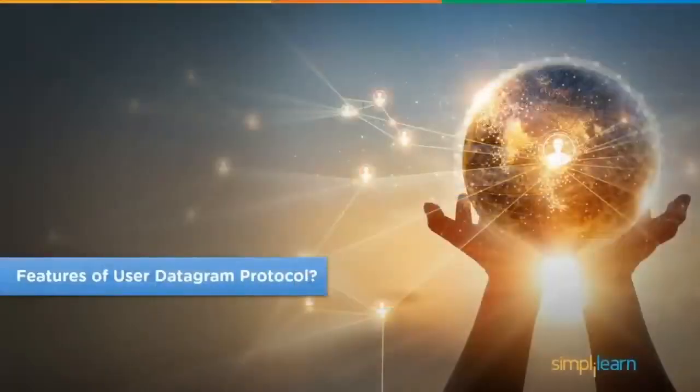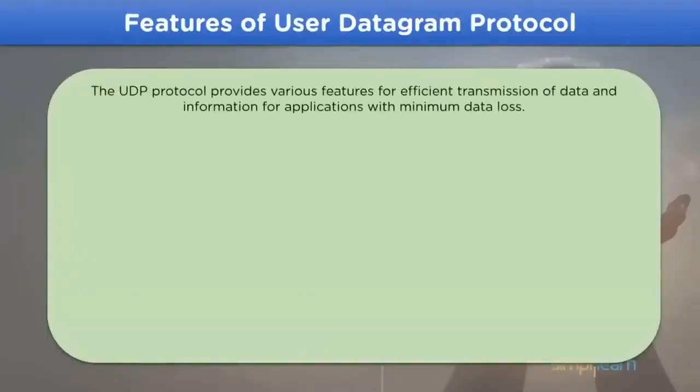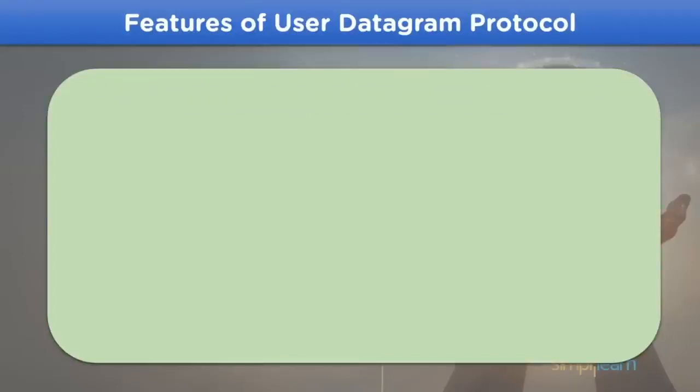Features of using User Datagram Protocol. The User Datagram Protocol provides the network with various efficient and easy to understand network protocol features to apply over the data that is to be transmitted, where the first feature of UDP is related to the working area.